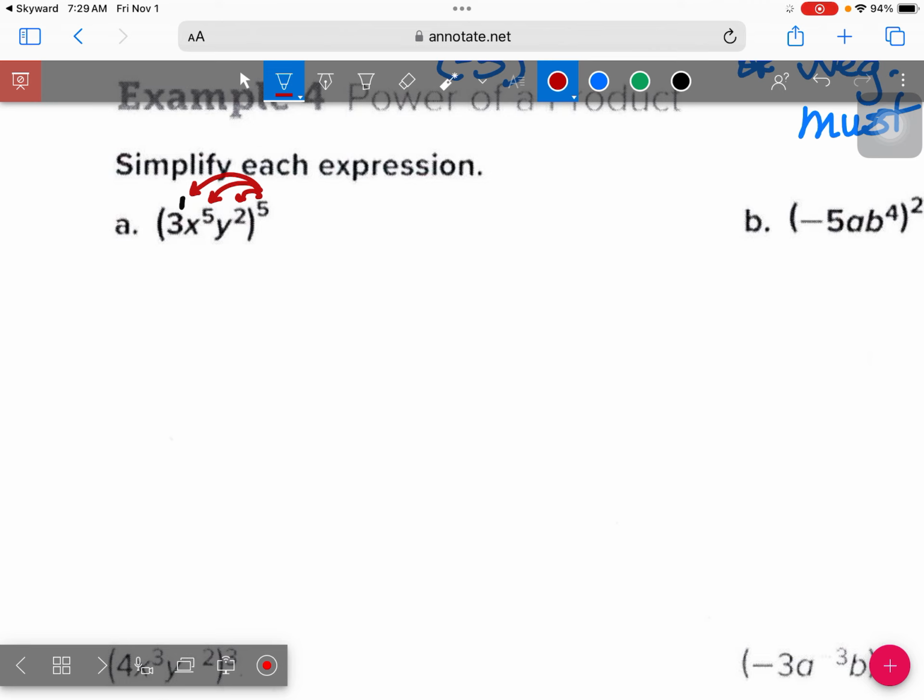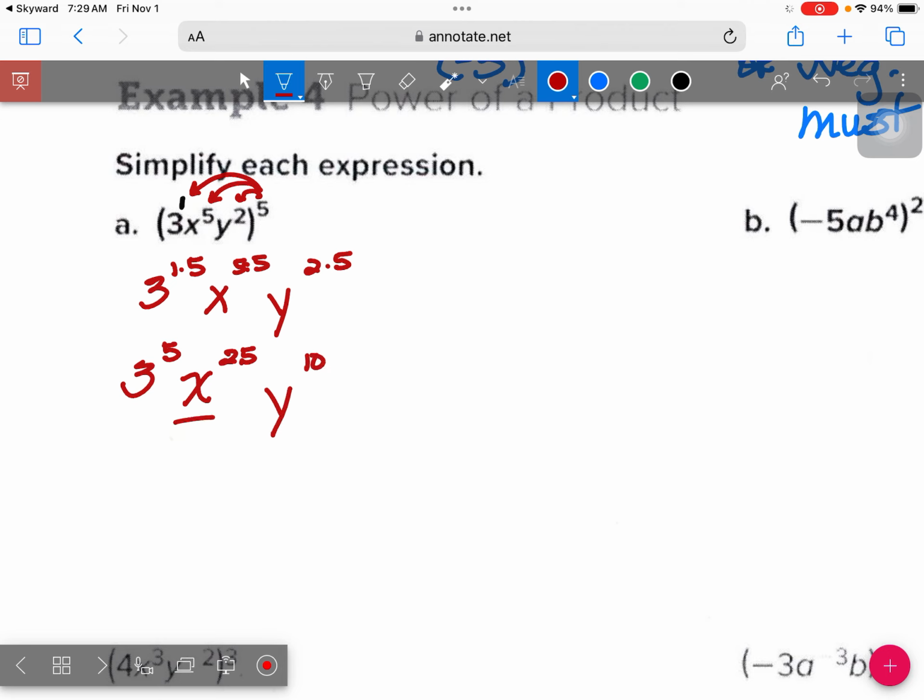So this is going to be 3 to the 1 times 5, x to the 5 times 5, y to the 2 times 5. So that's 3 to the 5th, x to the 25th, and y to the 10th.